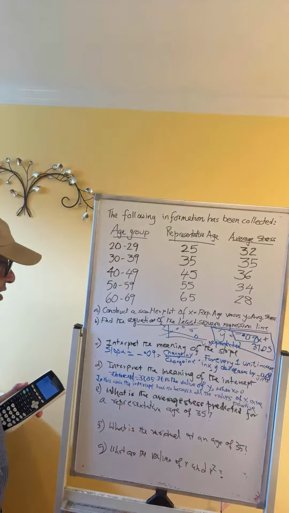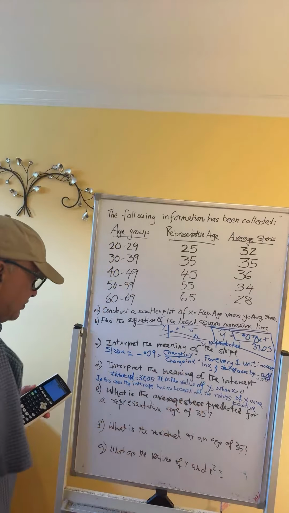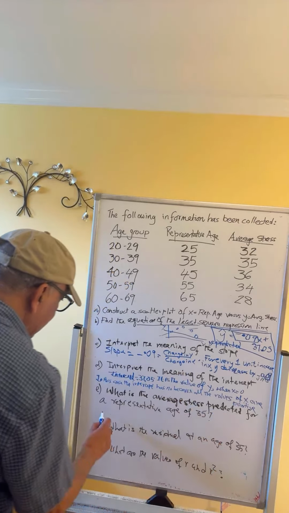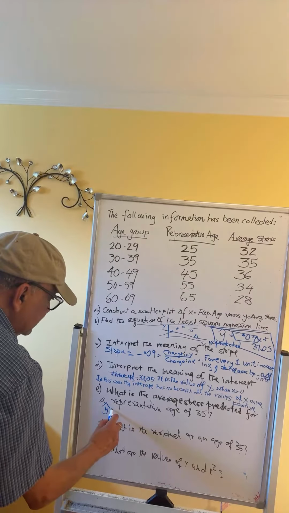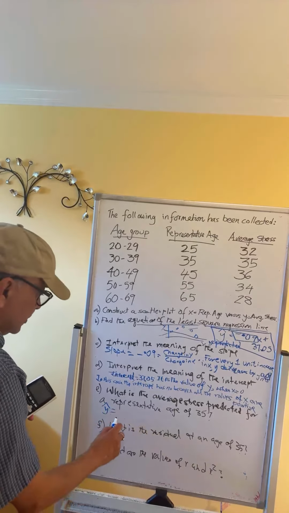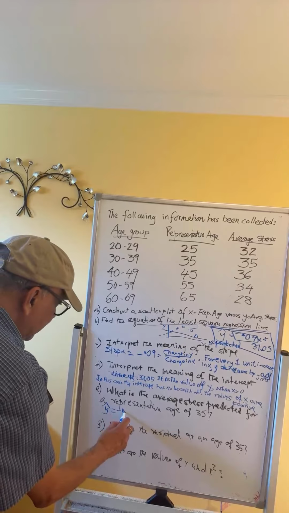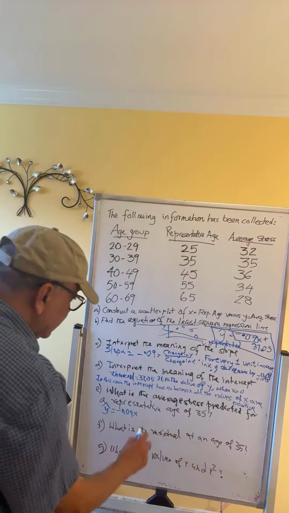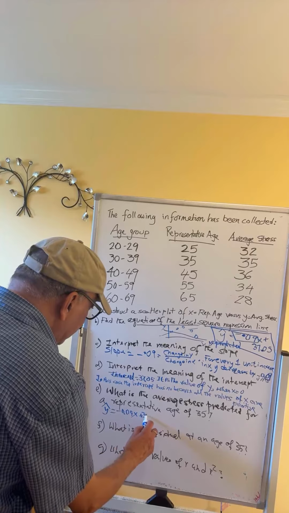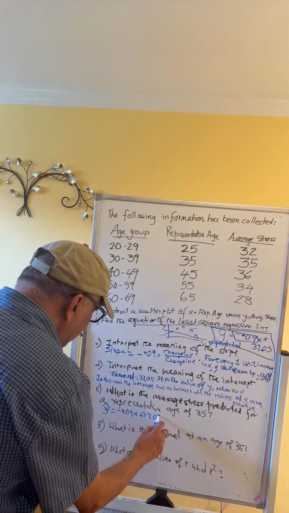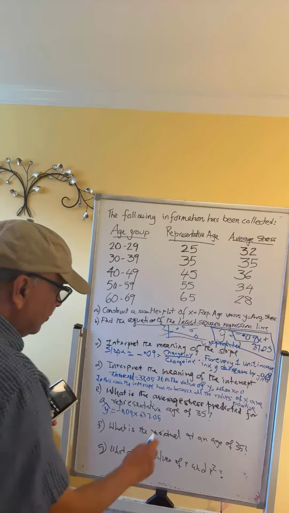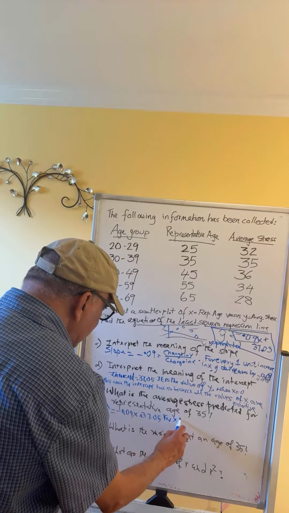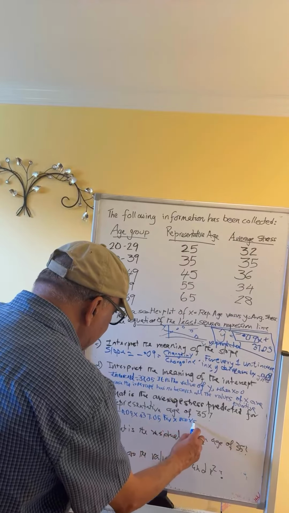Then they say, what is the average stress predicted for a representative age of 35? That means we will use the least square regression line equation, which is y equals minus 0.09 x plus 37.05. For x, we will plug in x equals 35 in the equation.